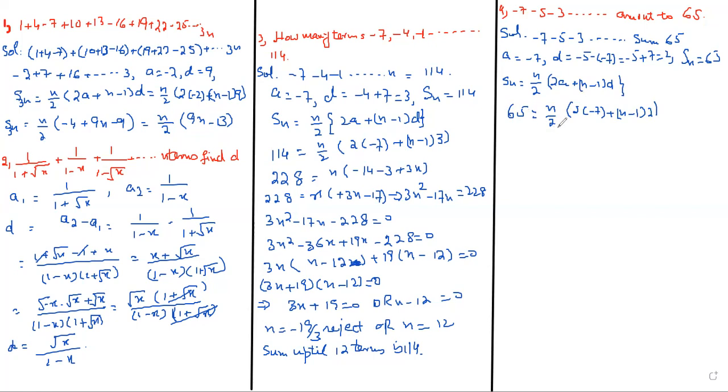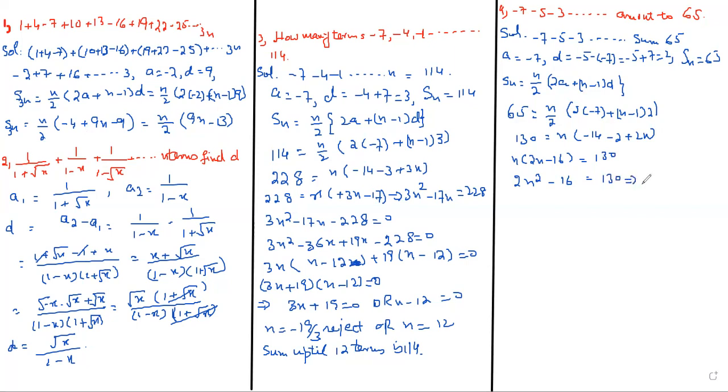So this will become 130 equals n times (minus 14 minus 2 plus 2n), so 2n square minus 16n equals 130.